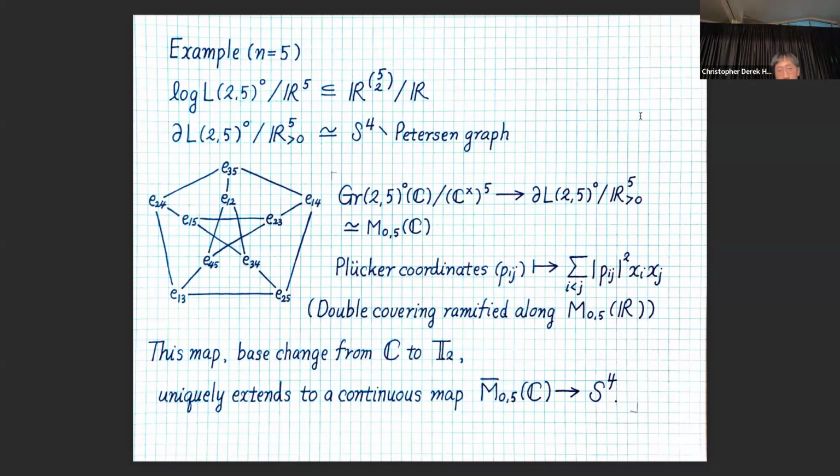And as you can guess, if you know the M05 bar, you'll know that its natural compactification has boundary that looks exactly like the Petersen graph. And not surprisingly, this map from M05 to the S4 minus Petersen graph extends to M05 bar to S4. So a map between four-dimensional real manifolds.